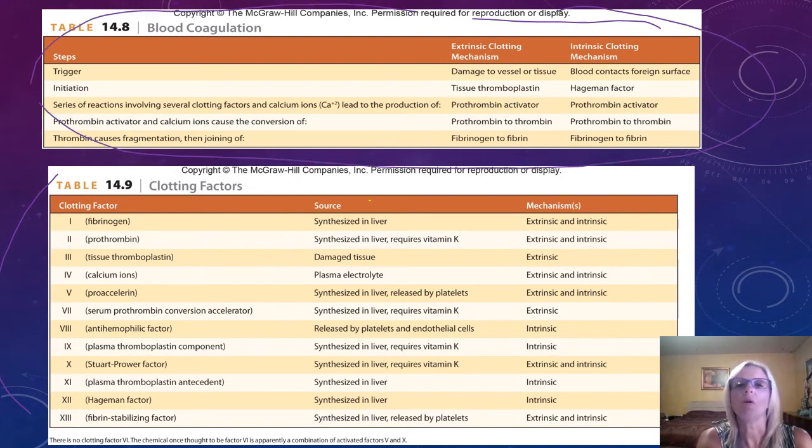You need to know thromboplastin, prothrombin, fibrinogen to fibrin, okay? So just those right there, I want you to really learn these steps in that top table there, 14.3. Do look through 14.9, understand kind of the clotting factors, but you really should know this top chart that we just went through.